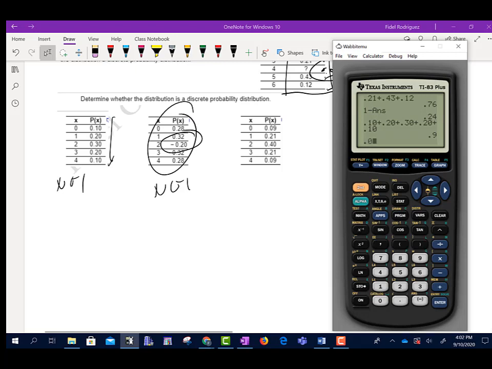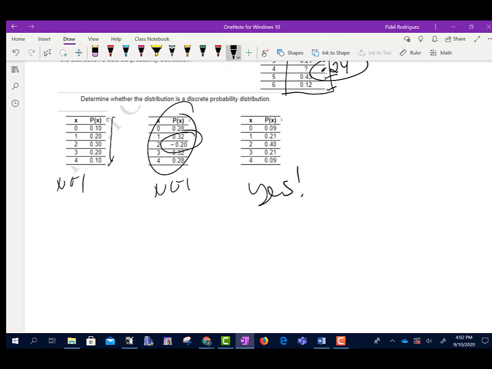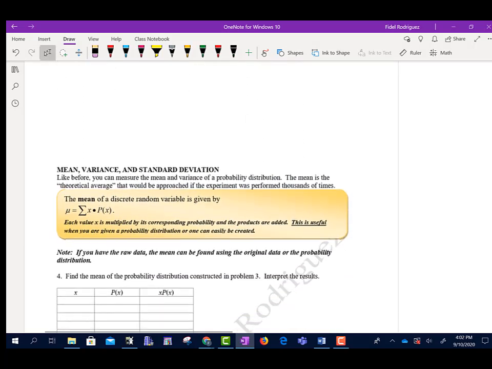Let's see, 0.09 plus 0.21 plus 0.40 plus 0.21 again plus another 0.09, and we come up to 1. So yes, that one is a discrete probability distribution. Okay. All right.